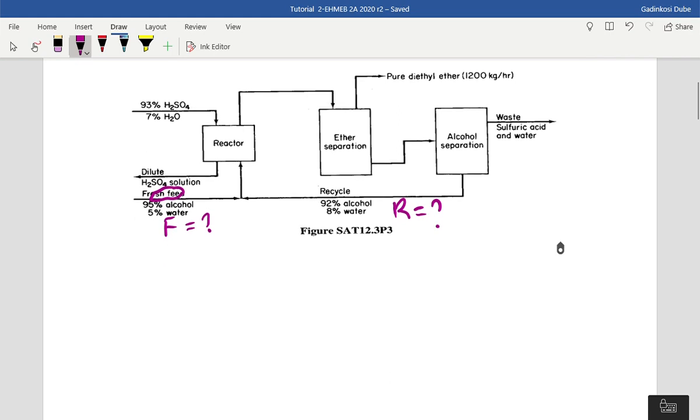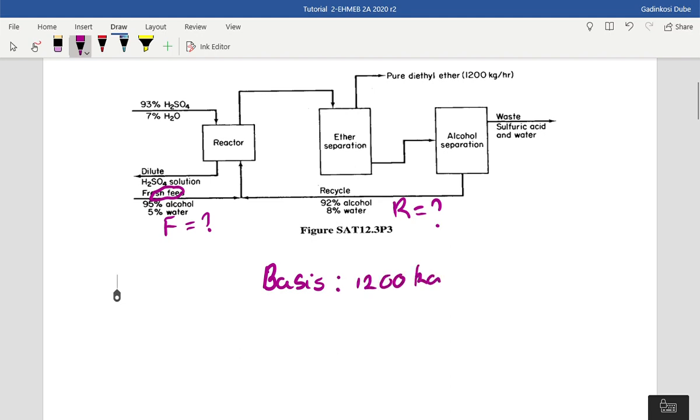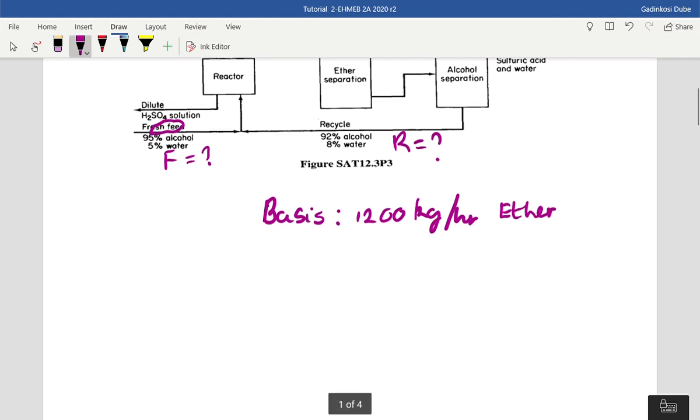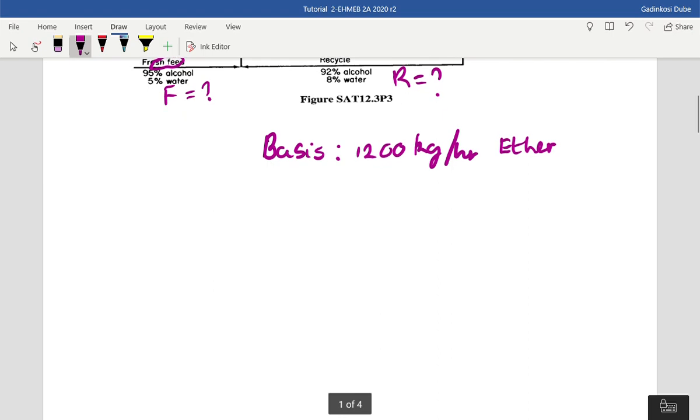So now your basis, you just write it down. My basis is 1,200 kilograms per hour of diethyl ether. Okay, or you can just say ether. Makes it more simplified. And then now you can move on.